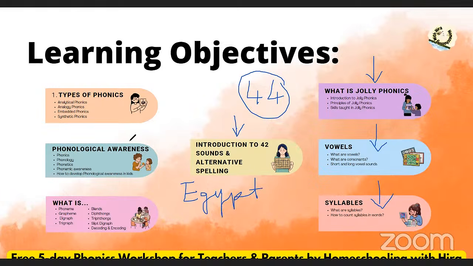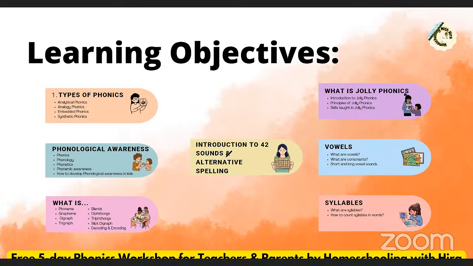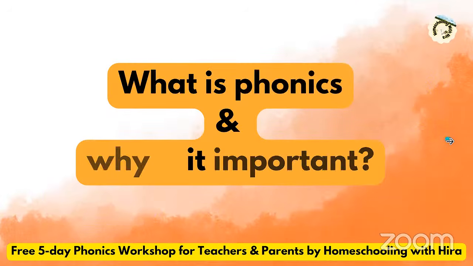Everything is Arabic, but there are some little differences in pronunciation or formation of words or even meaning. So English also has these differences. In some dialects you have 44 sounds, in some dialects we have 42 sounds. We will do 42 sounds because this is the standard British curriculum and British language, and we follow this. Okay, so let's move forward.